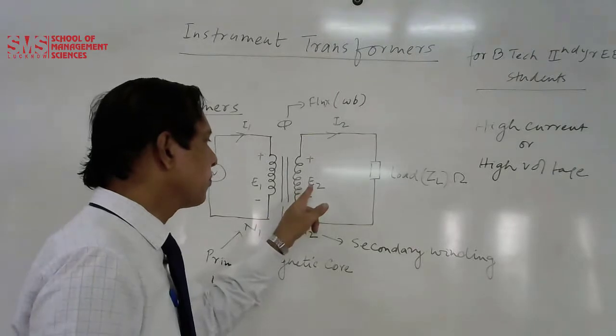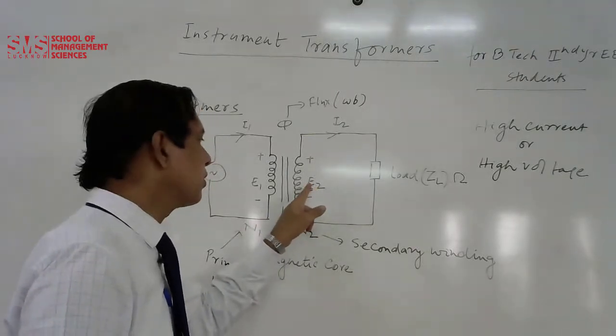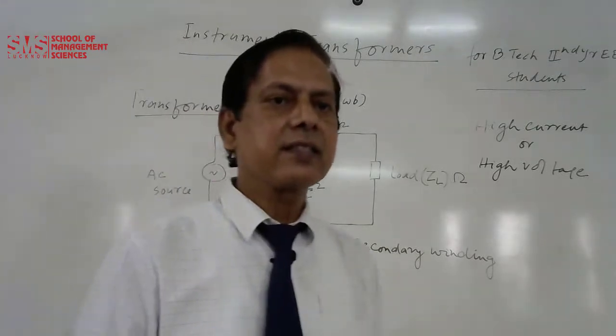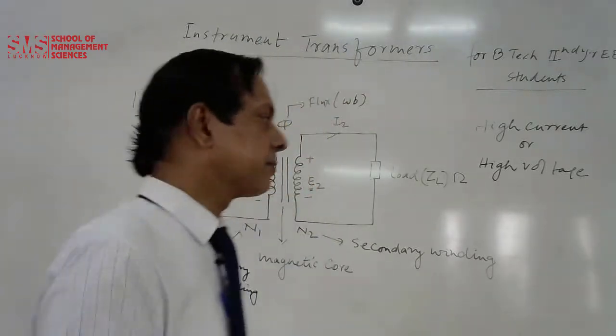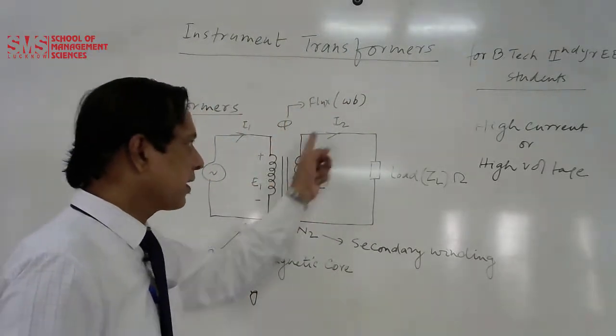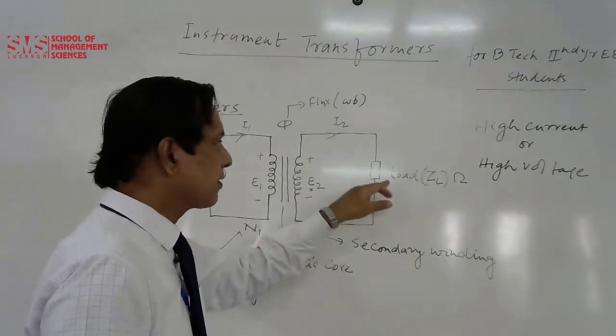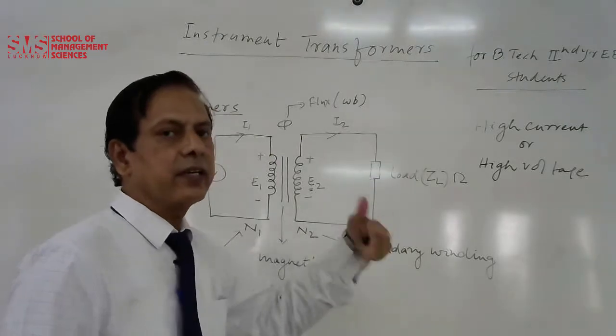So this voltage is very important. This particular voltage E2 is produced due to the law of mutual induction that happens in a transformer. The circuit is closed. The secondary current is I2 and this passes through ZL for the energy conversion.